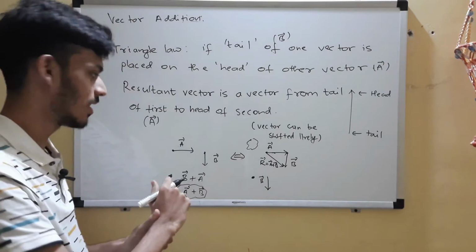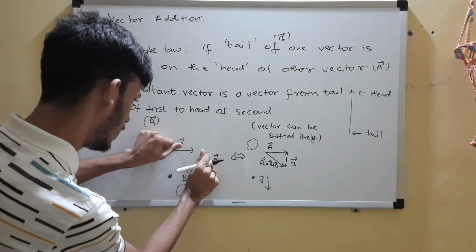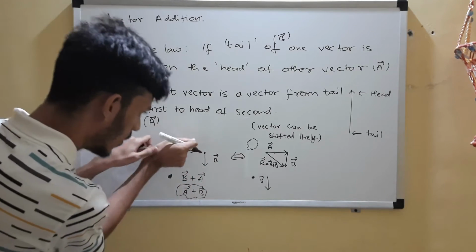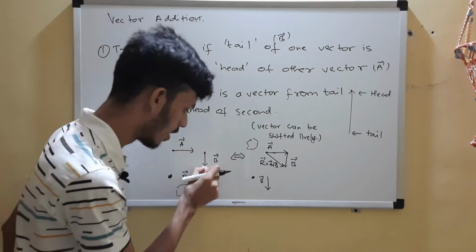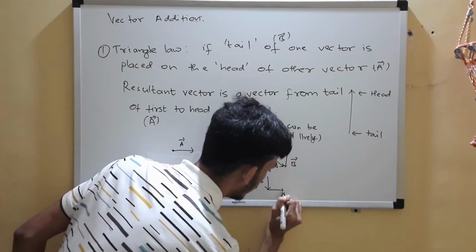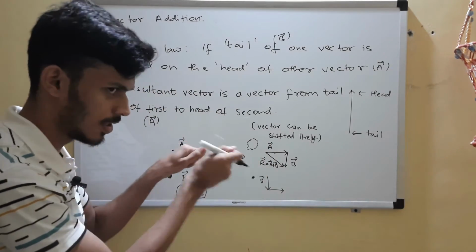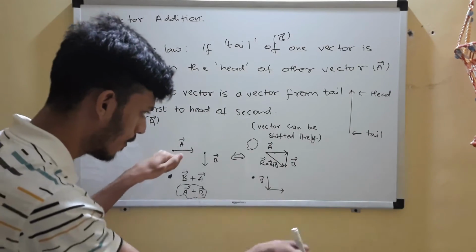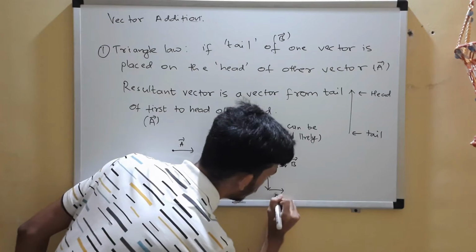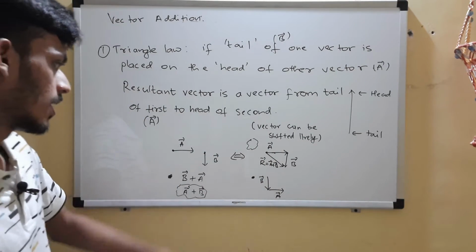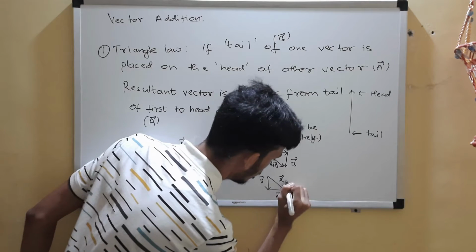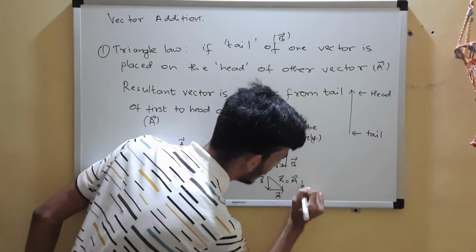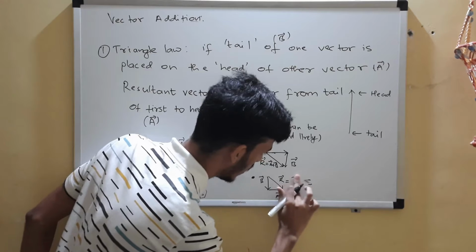In the previous case we shifted b over here. Now shift a over here, such that its tail comes over here. You have not changed the length, you have just shifted it parallel, and neither have you changed the angle. So this is b plus a, can you see that?